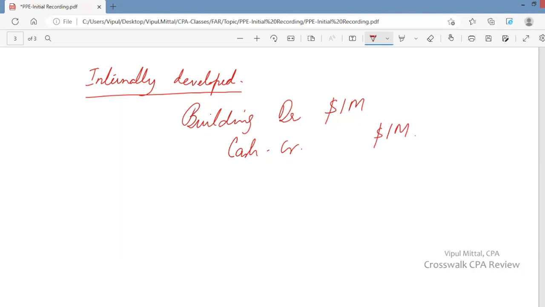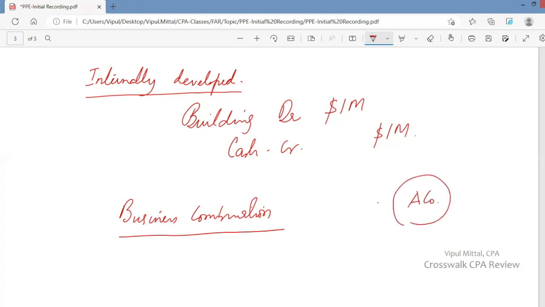And there is another possibility that you have acquired an asset in a business combination. For example, you acquire a company. Now, all the assets and liabilities of a company become your assets and liabilities. One of the items is property, plant, and equipment. So earlier it was a company's asset.